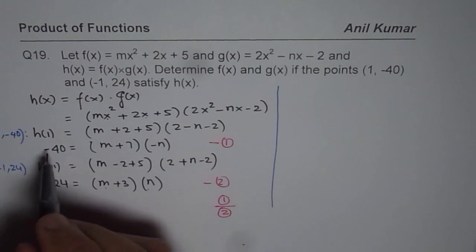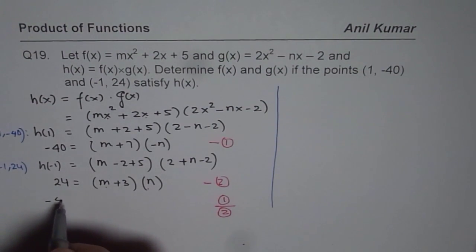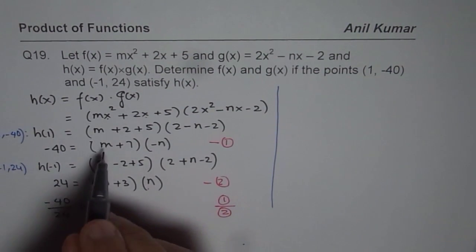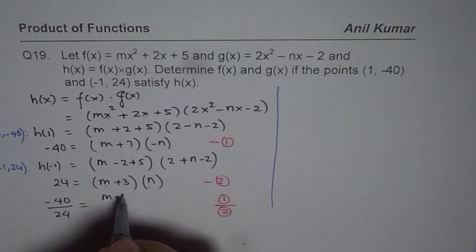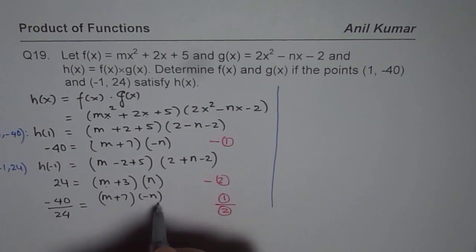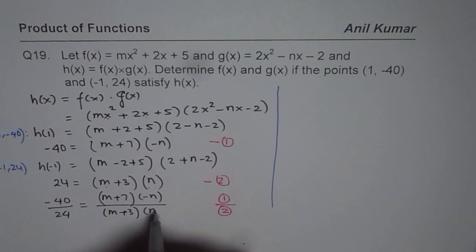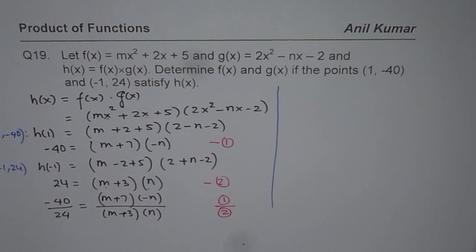On the left side we get −40 divided by 24 equals, on the right, (m + 7) times (−n) divided by (m + 3) times n. That is what we get. Now we can simplify. We can cancel the n's.